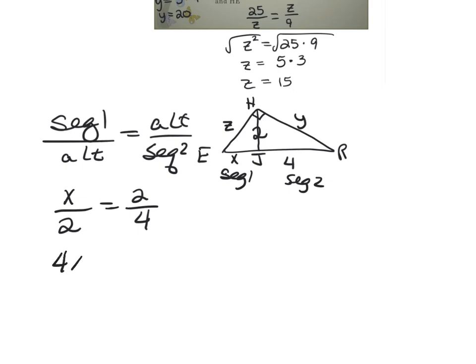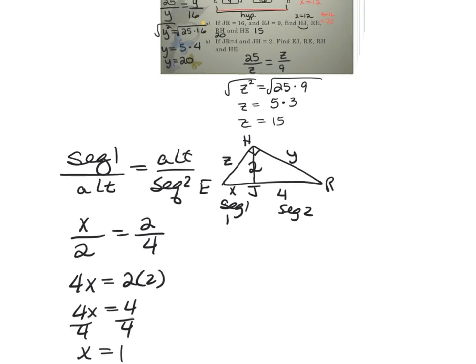So 4 times X, 2 times 2. So 4X equals 4. Divide by 4, and X equals 1. So segment 1 here is 1. The length of the hypotenuse, RE, is 1 plus 4. So RE equals 5. This is my hypotenuse.